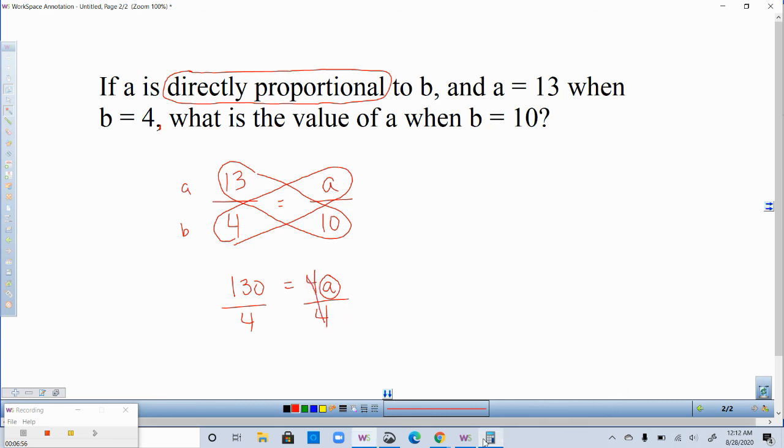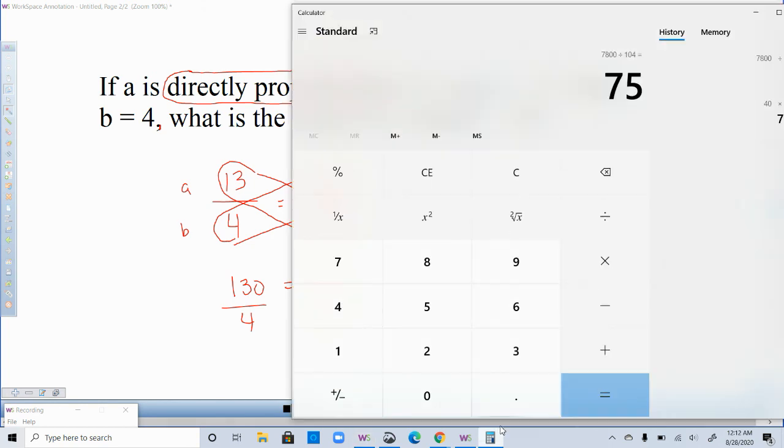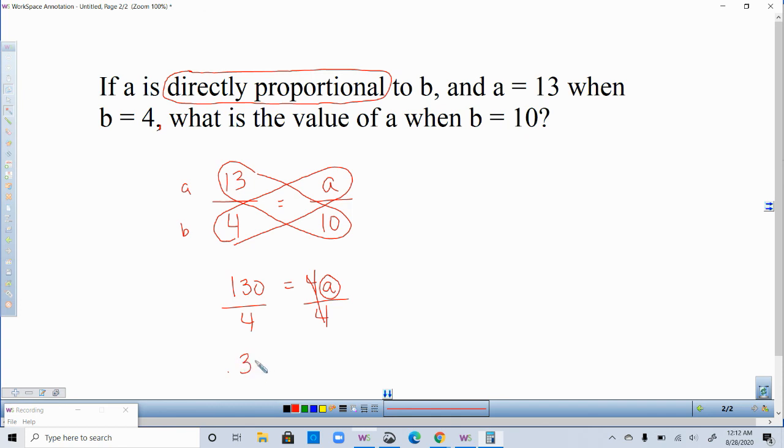And then 130, I can get my handy dandy calculator. So 130 divided by 4 is equal to 32.5. And that was A.